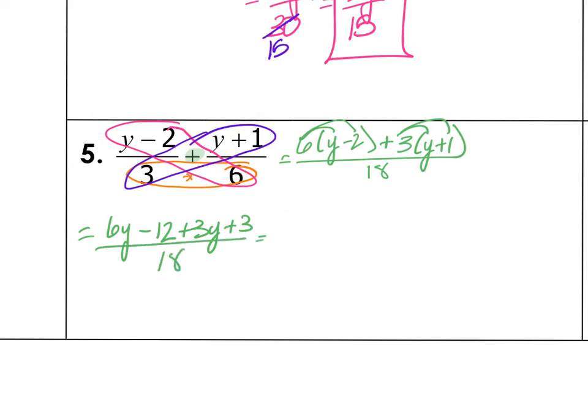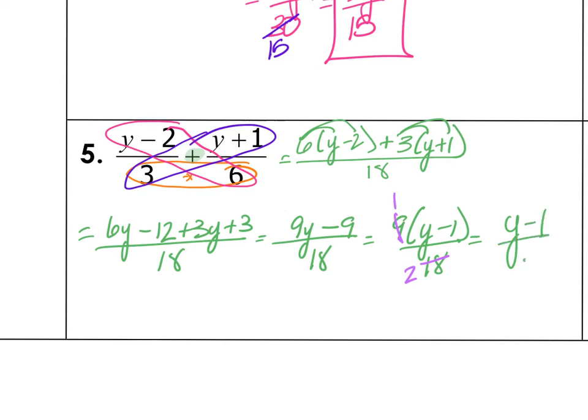So if I add my like terms, 6y plus 3y is 9y, and negative 12 plus 3 is negative 9 over 18. Factor out a 9 in my numerator, y minus 1 over 18. 9 goes into 9 once and into 18 2 times. So I get y minus 1 over 2. And there you go. Okay?